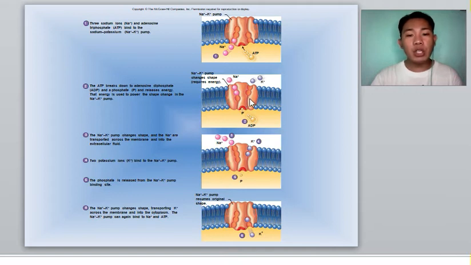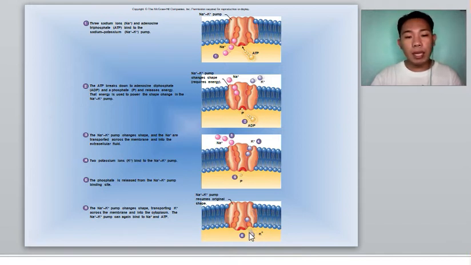After changing the shape of the sodium-potassium pump, it usually allows the movement of potassium, where 2 potassium ions bind on its surface, and the sodium-potassium pump changes shape, transporting potassium across the membrane into the cytoplasm.